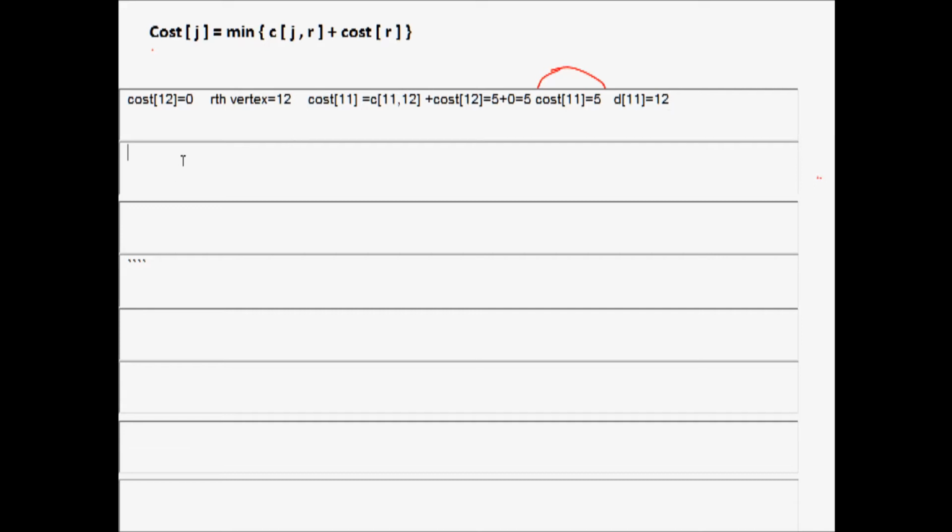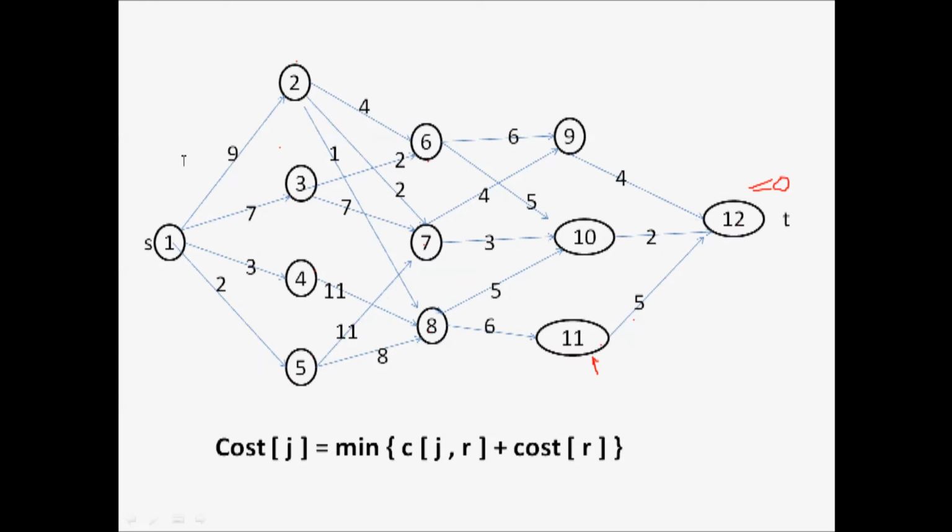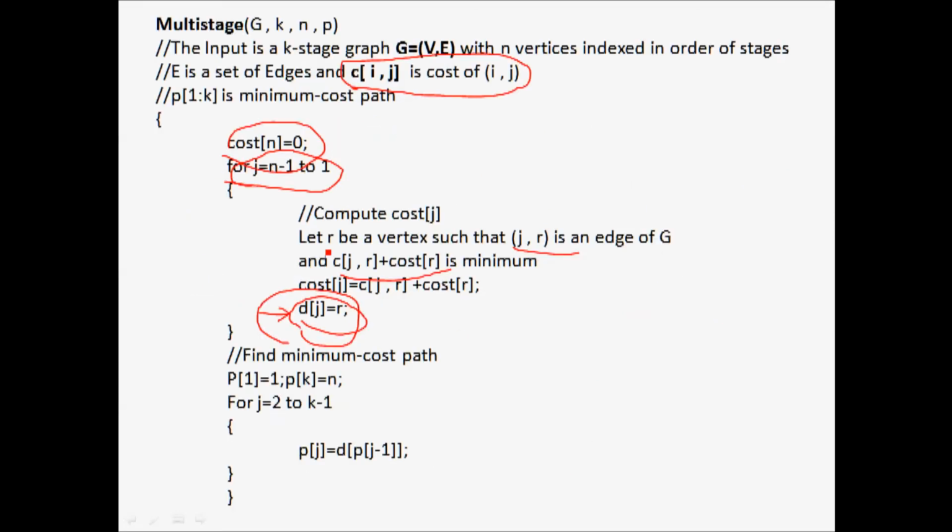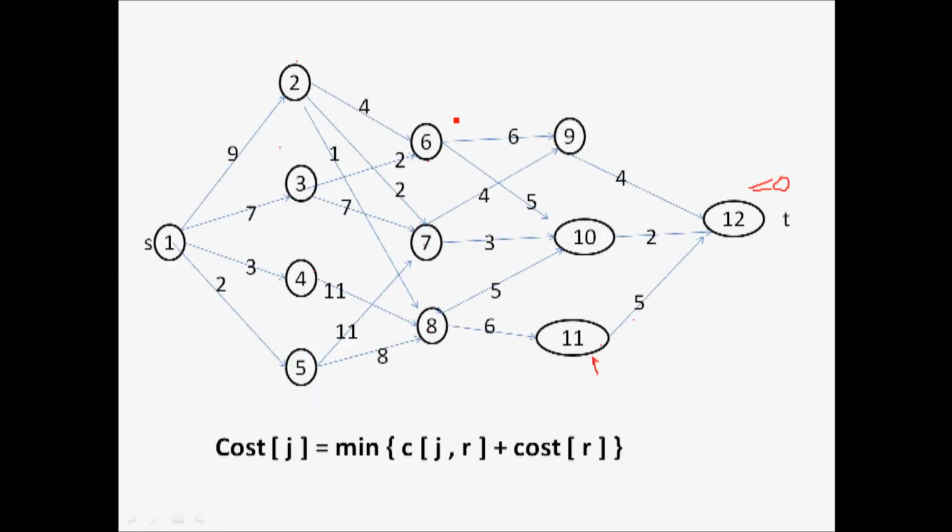Now for the next case: the loop for j equal to 11 has been completed. It is decremented, and we will now find for j equal to 10. For j equal to 10, c of j r is equal to 2 and r remains the same, that is cost of r is equal to 0.